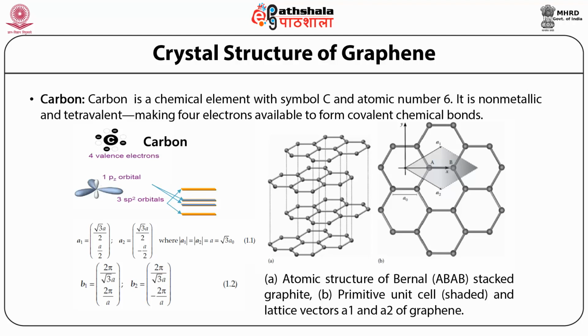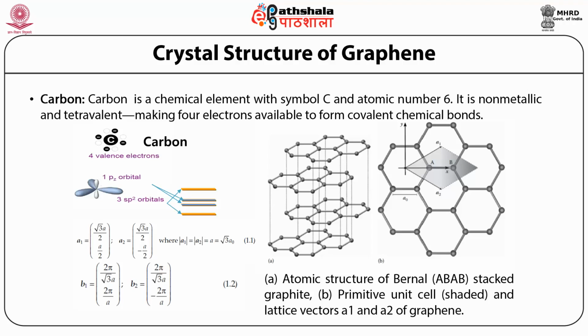Equation 1.1 gives these two-dimensional lattice vectors in terms of the sp2 carbon-carbon bond length in graphene, which is a0. The accepted values for the bond length and the lattice constant are a0 equal to 1.42 angstrom and a equal to 2.466 angstrom.